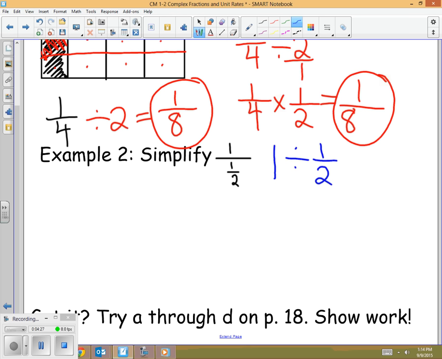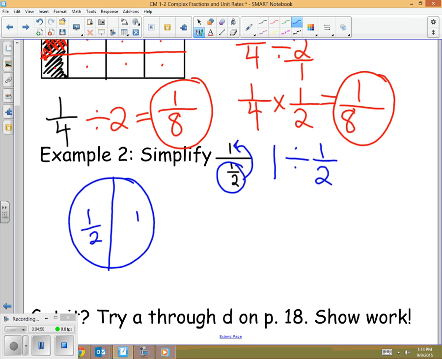If I have one whole pizza, I'm curious to find out how many times the fraction 1/2 can fit inside of 1/2. So if I cut this pizza in half, how many halves do I have? I have 1/2 here and 1/2 here, which equals 2 halves.